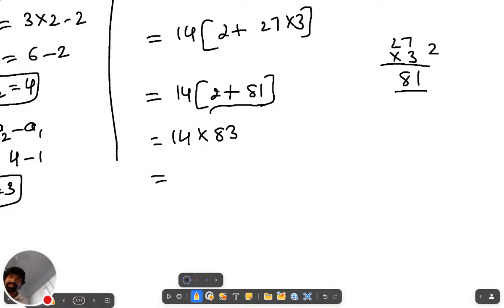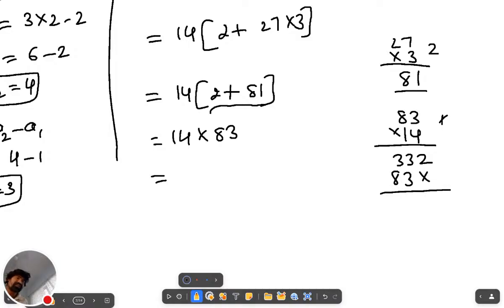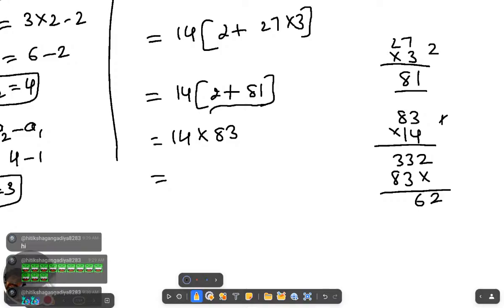So let's multiply 83 into 14. 4 threes are 12. 4 eights are 32 plus 1, 33. Next, 1 into 3, 3. 1 into 8, 8. So what do we get? 2, 6, and this is 11. Now it is equal to 1162.